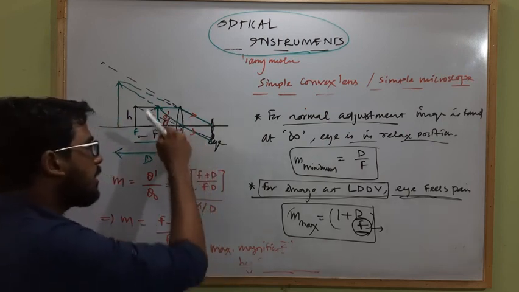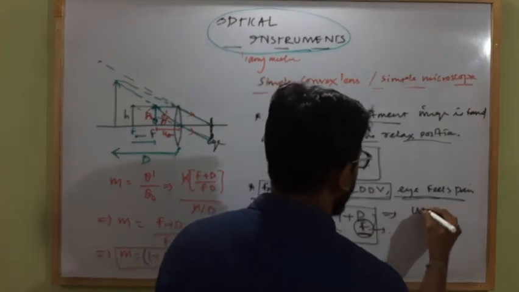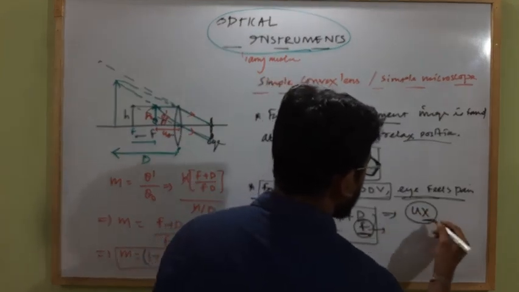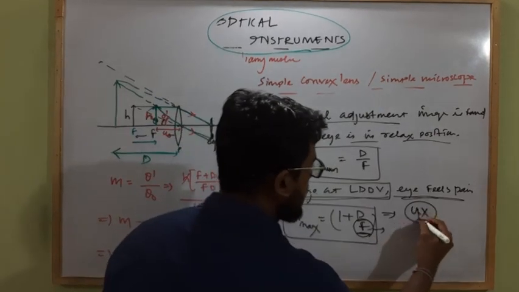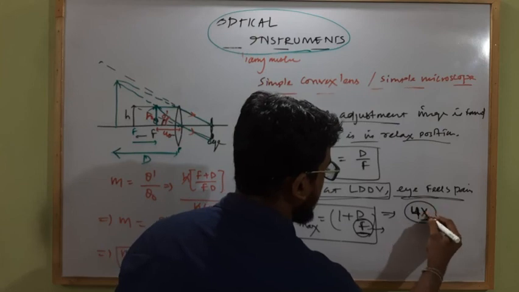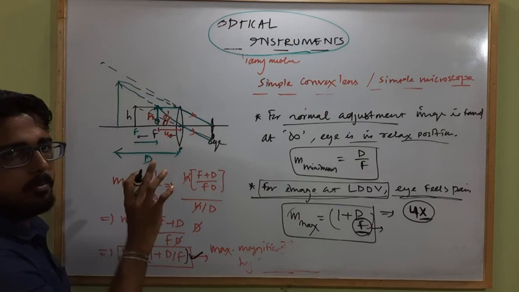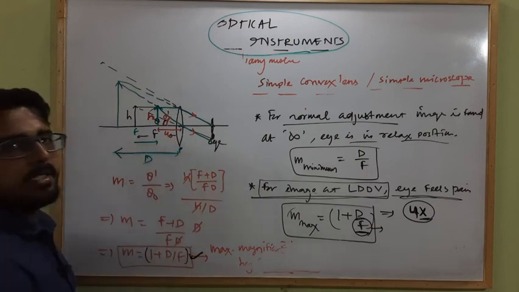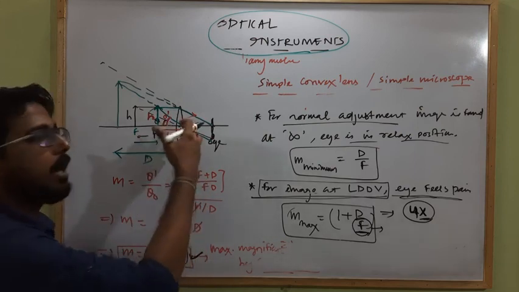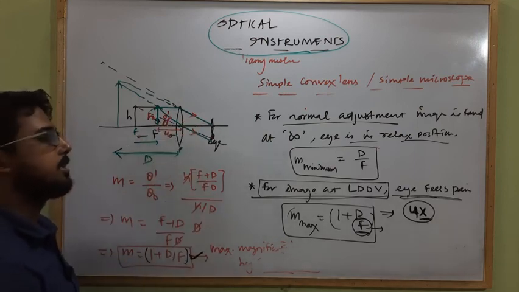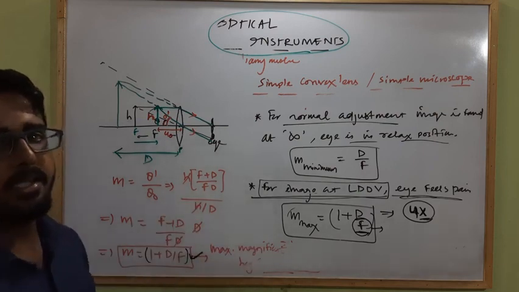So by using a simple microscope, we can at maximum increase the magnification up to 4x. So x is the unit to measure the magnification. So 4x means the object can be magnified 4 times by using a simple microscope. If we further want to magnify the object, then we have to shift to a more advanced version of the microscope, that is known as a compound microscope. We will study about the compound microscope in the next class. Okay.